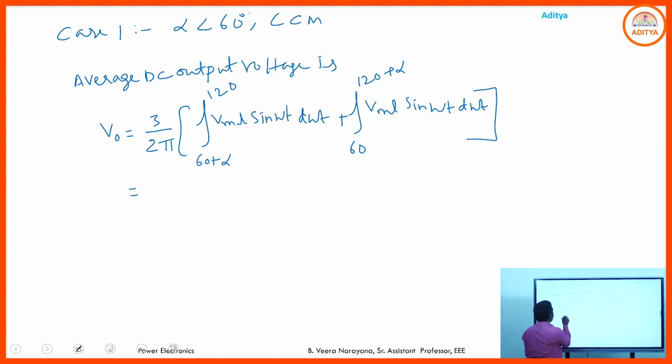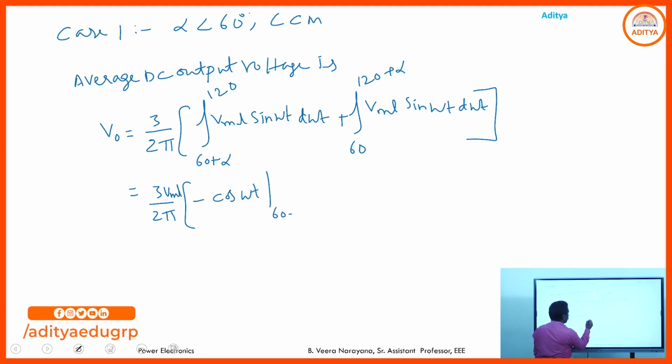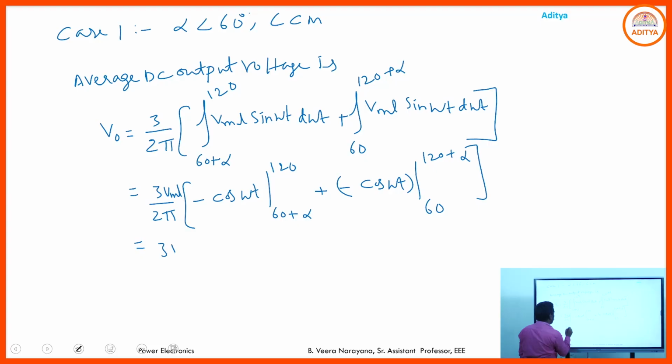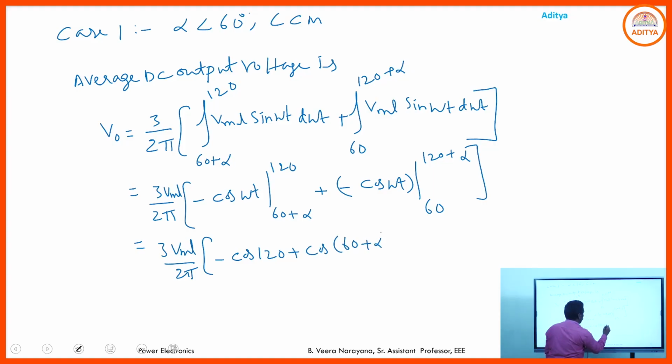By simplifying this expression, what do we get? 3 by 2 pi, take VML outside, so 3 VML by 2 pi. The integral of sin omega t is minus cos omega t between the limits 60 plus alpha to 120, plus minus cos omega t between the limits 60 to 120 plus alpha. So we get 3 VML by 2 pi times minus cos 120 plus cos 60 plus alpha, minus cos 120 plus alpha, minus cos 60.